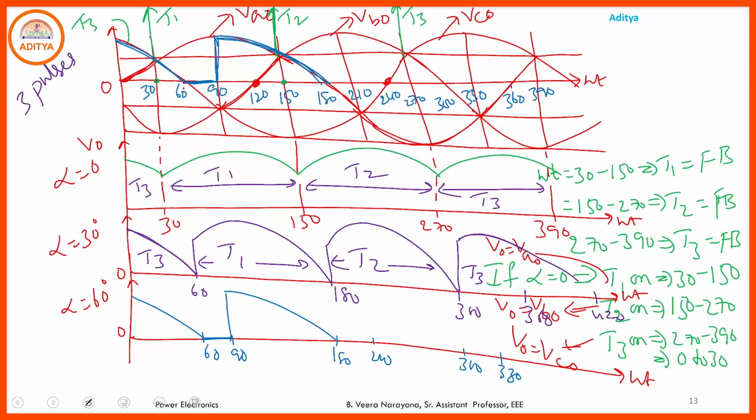But from 180 to 210, again you have the negative portion, hence from 180 to 210 there is no output voltage.